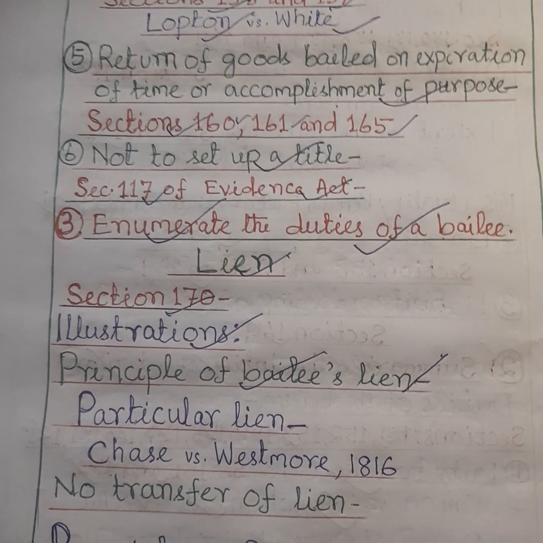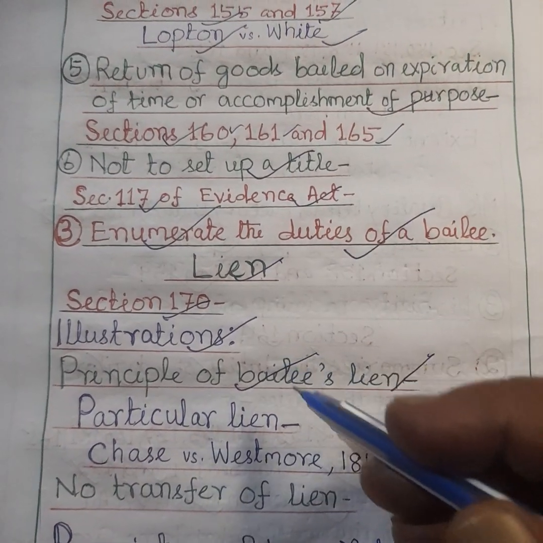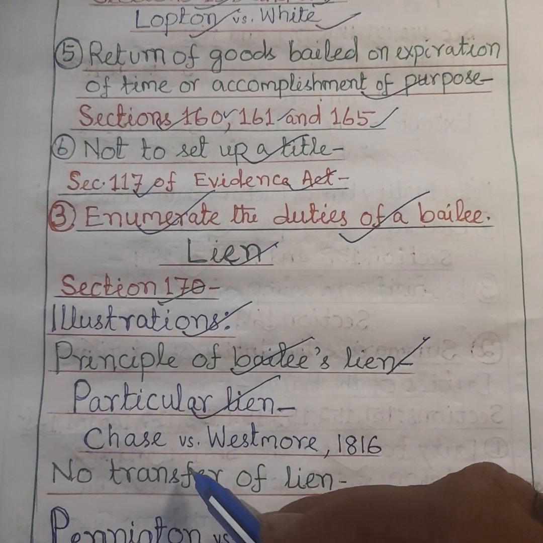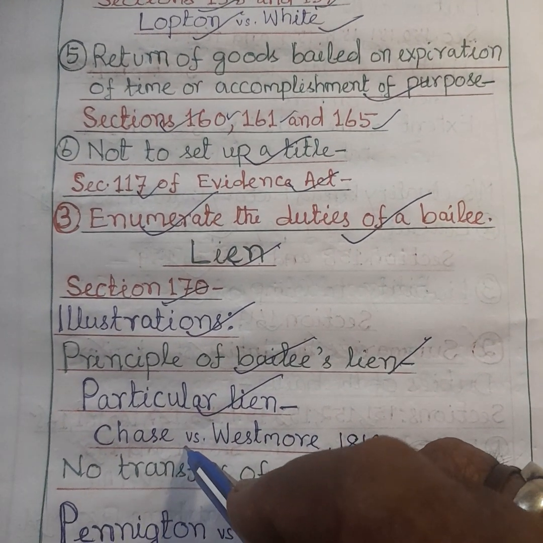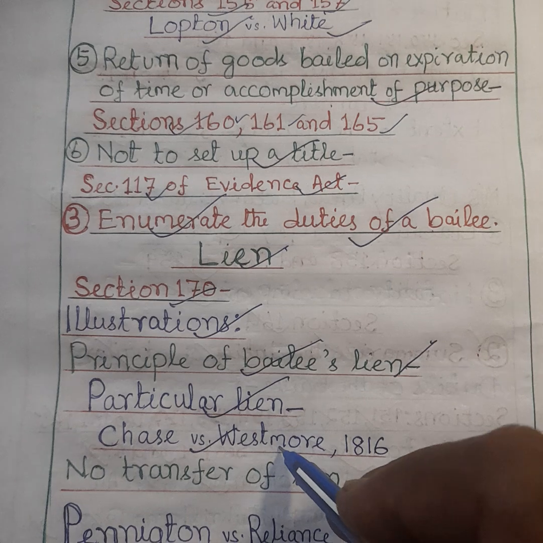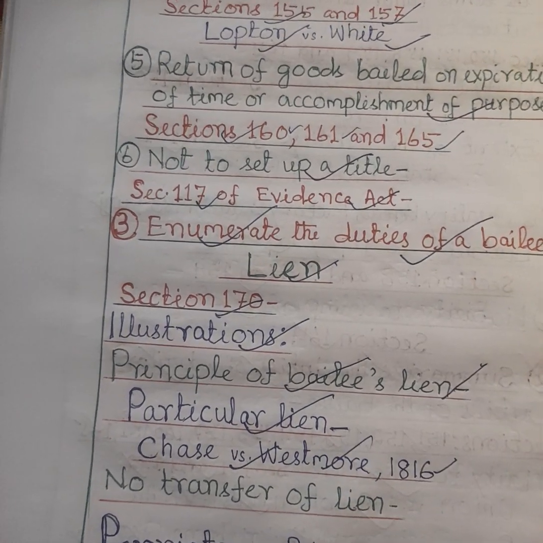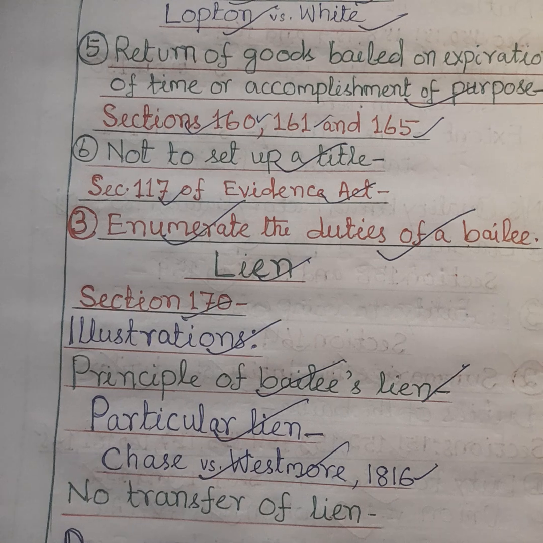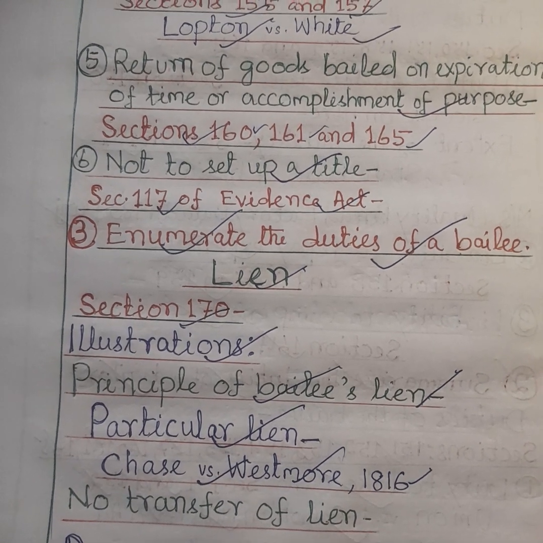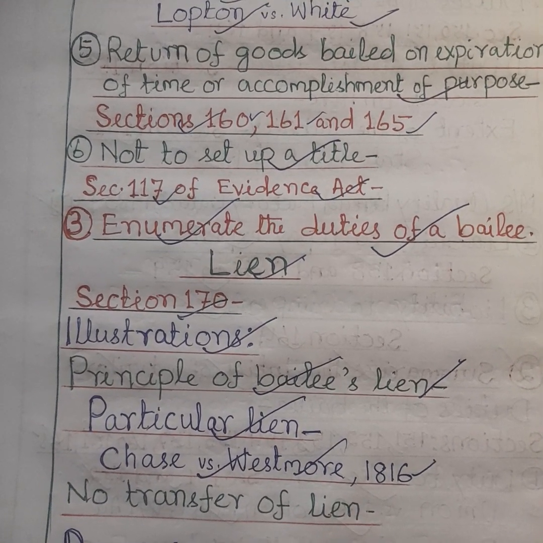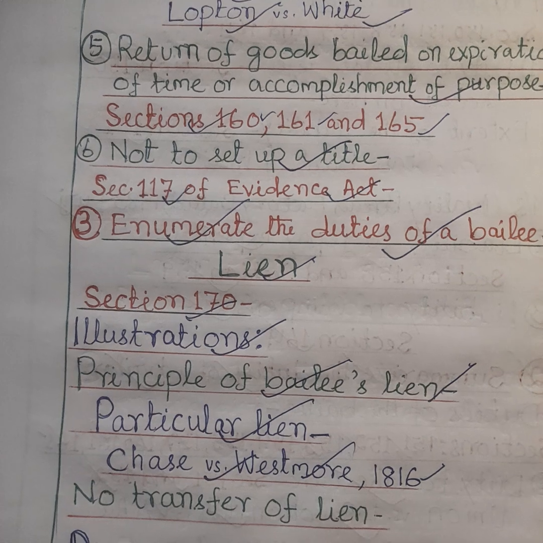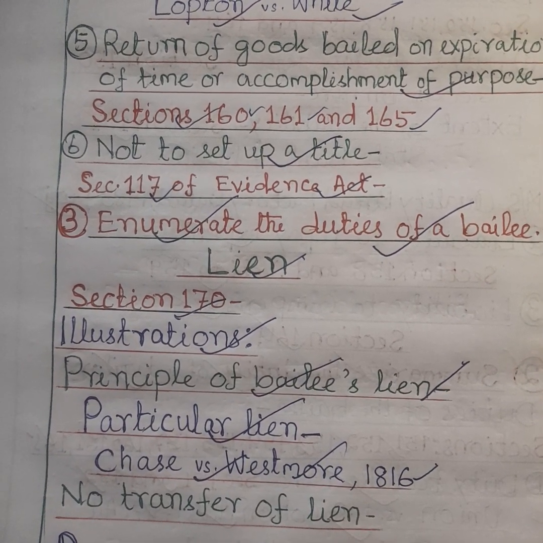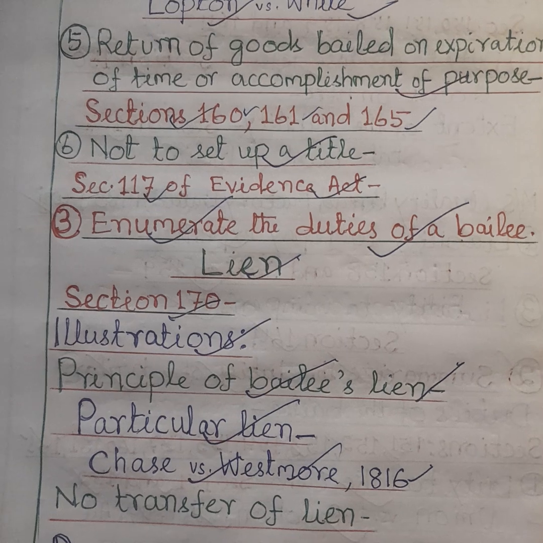So now in that connection we'll discuss the leading case, and that is regarding particular lien, the very important leading case Chase versus Westmore in 1816. Section 170 of the Contract Act deals with a lien of a bailee in respect of the goods bailed only.